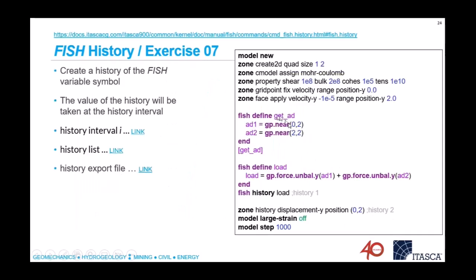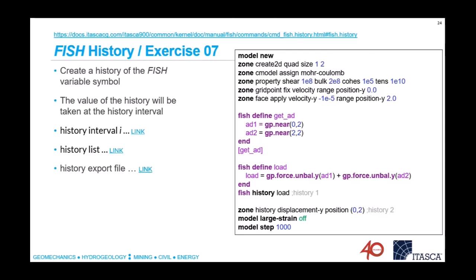So we can use this built-in function called gp.near. So I want to find the grid point that's near that Cartesian coordinate. They happen to exactly align because that's the way the model was built. But you could imagine you've got some actual topography and you want to find a grid point near that. So it will grab the nearest one, and we can track maybe displacement.